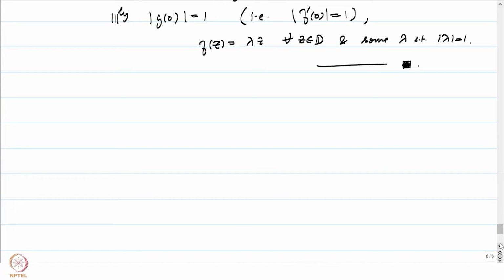Let's now look at very specific functions. Before we go any further, let's look at some very special functions of the unit disk to itself.